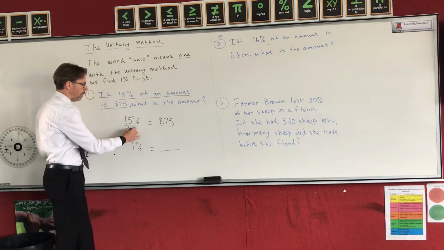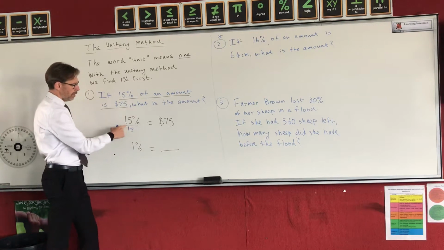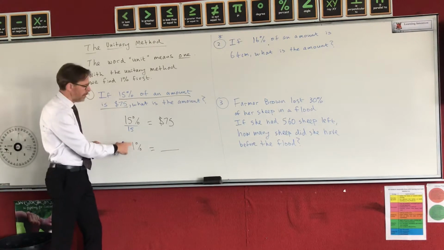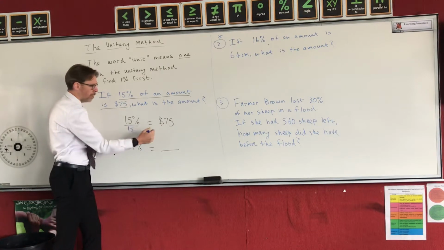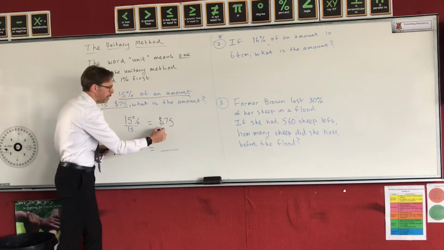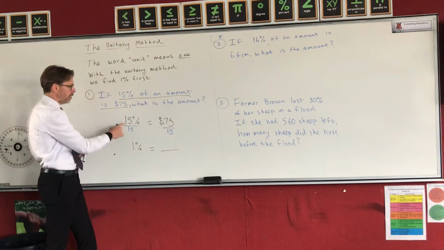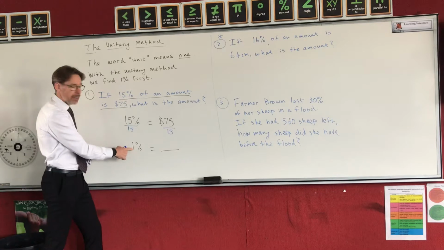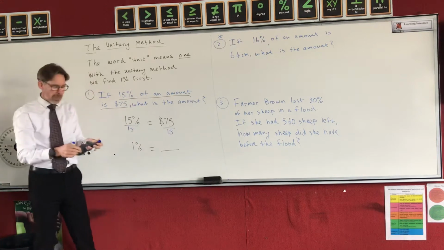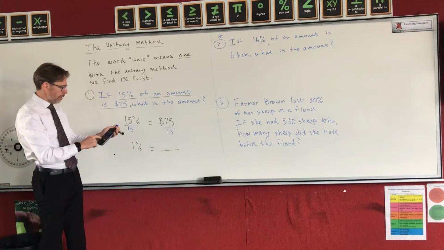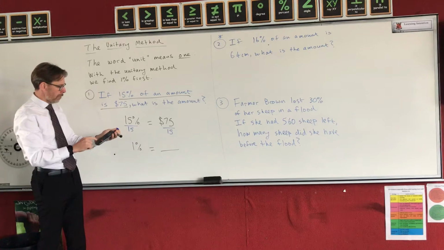Well, if I divide that by 15, 15 divided by 15 is 1, there I get 1 there. And with an equation, as we know, what I do to one side, I do to the other. So divide by 15. Now, 15 divided by 15 is 1, so I've got 1% there. Now, get your calculator out, or you can do it mentally. 75 divided by 15 should be 5.